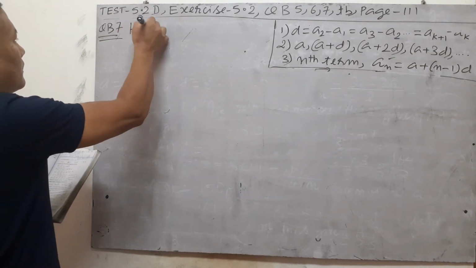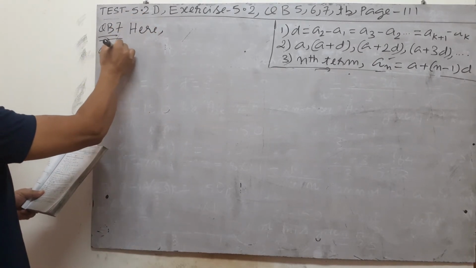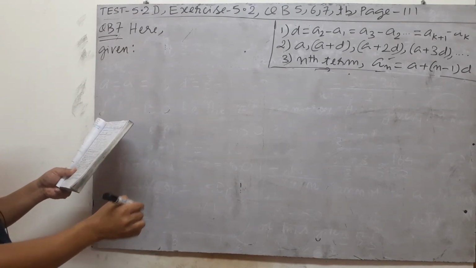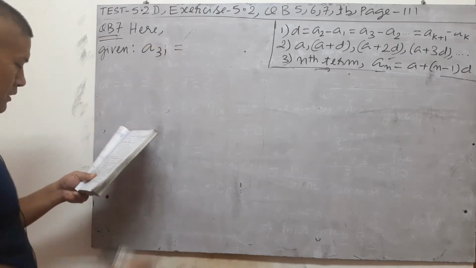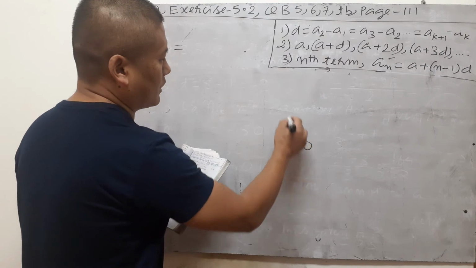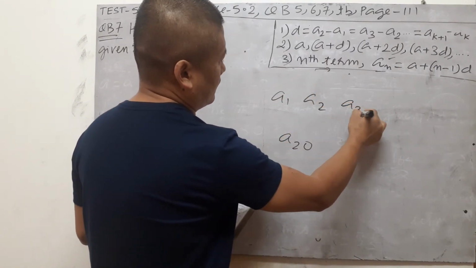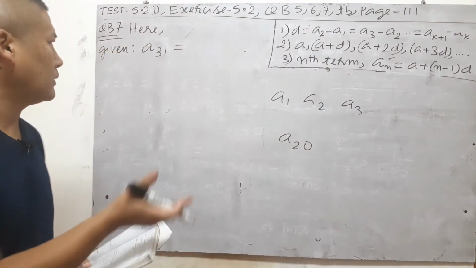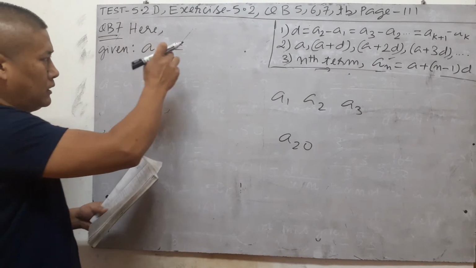So here, given to you is the 31st term, that means A31 is the 31st term. A1 is the first term, A2 second term, A3 third term, so A20 will be the 20th term, and by the same logic A31 is the 31st term.